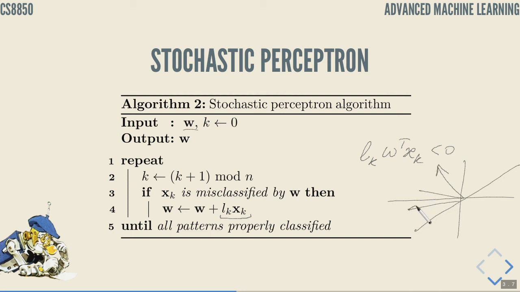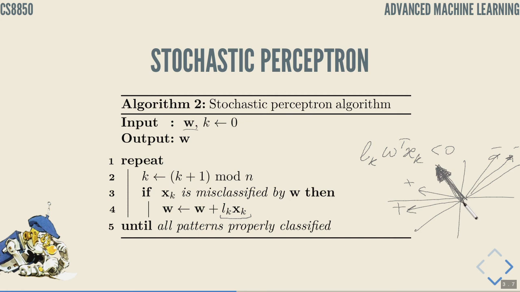We have samples of one class on this side, and samples of another class on this side. I think this is the current W.